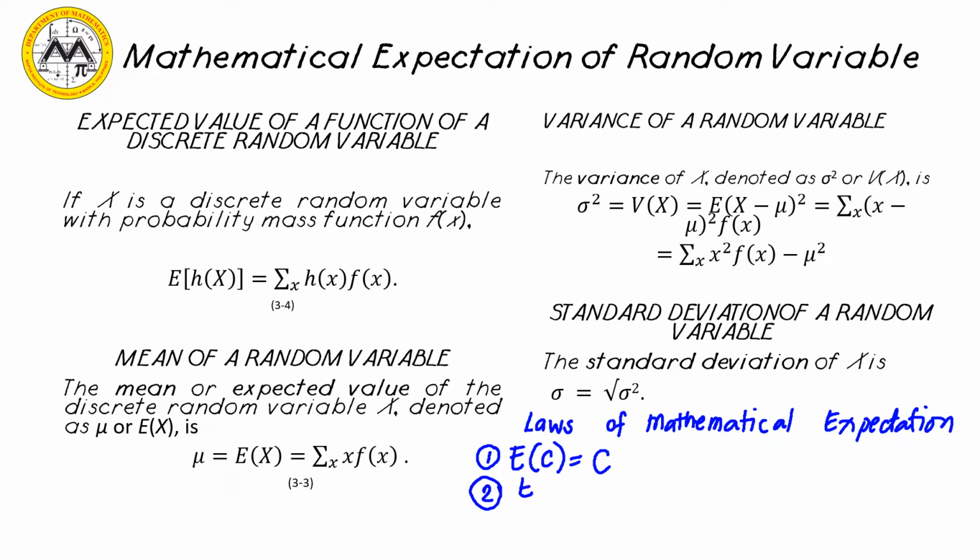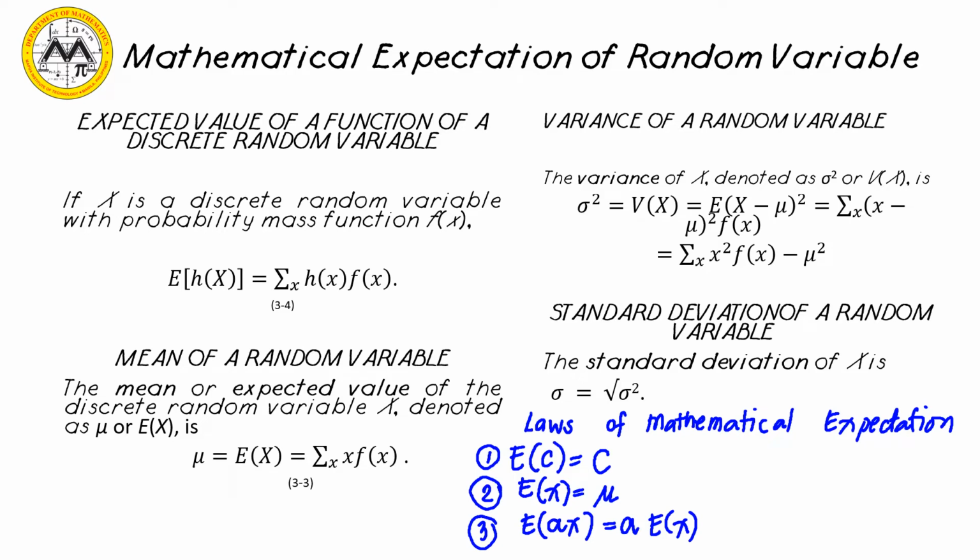Next, the expected value of x is the mean. Third, we can also have the expected value of ax. A can be factored out, so that is a times the expected value of x. So if each of the variable is multiplied by a constant, the mean is also multiplied by that same constant.